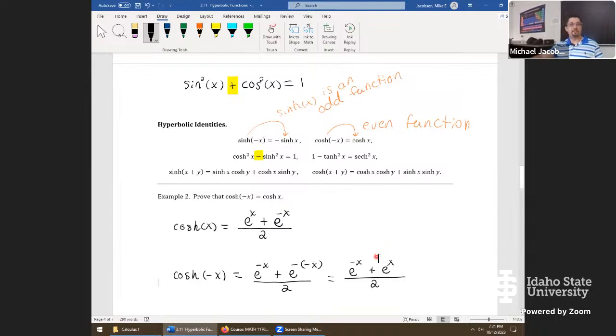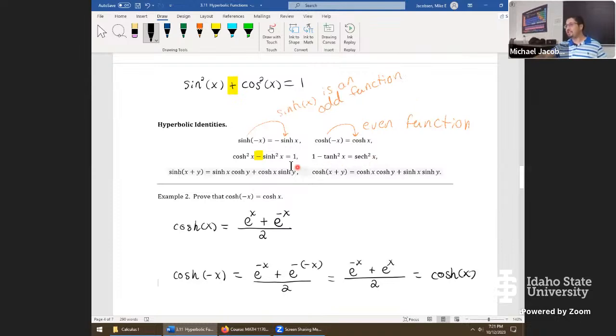Sure, it looks different, but it is the exact same thing. In the numerator, you could switch the order of addition, and we could say that this is equal to cosh x. So that completes the verification. We have shown that cosh of negative x is really cosh x. It'd be symmetric about the y-axis, so it's an even function.